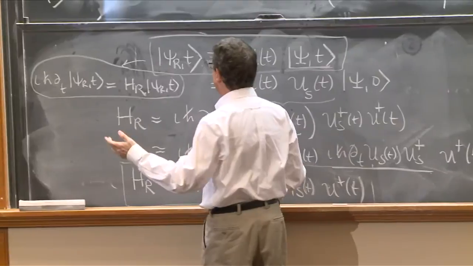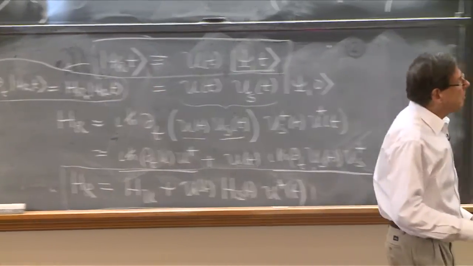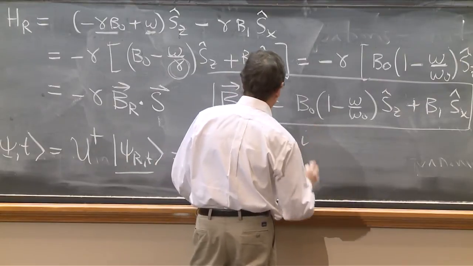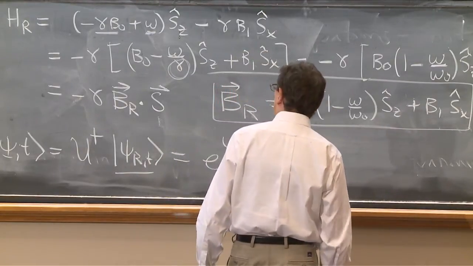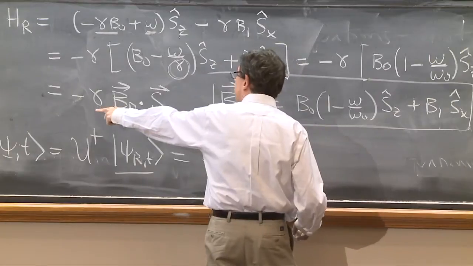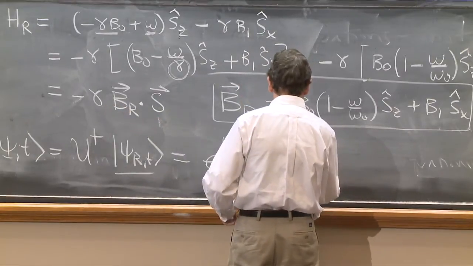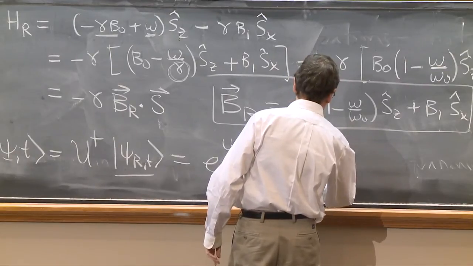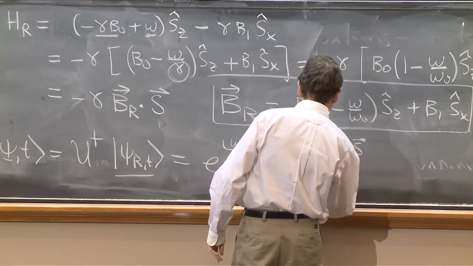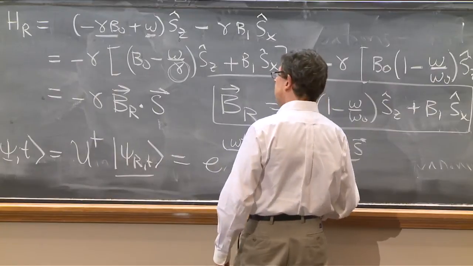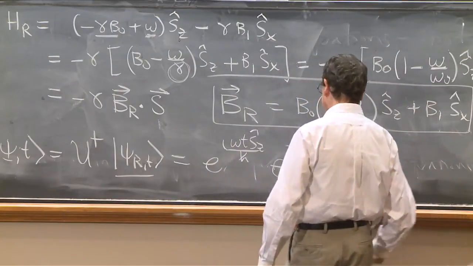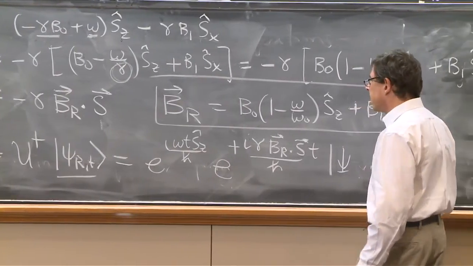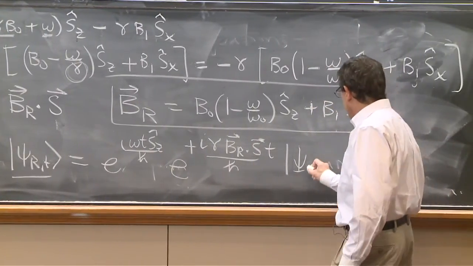HR is time independent, and therefore you'll have here e to the minus i HR, which is this. So it becomes plus i gamma BR dot S over h bar t, acting on the state psi at time equals 0.